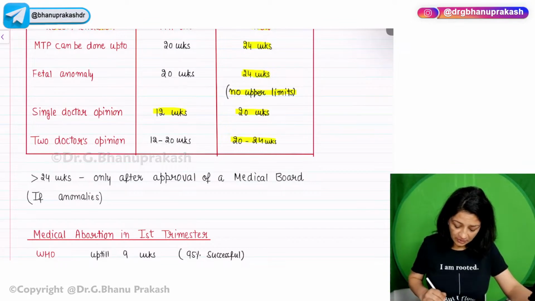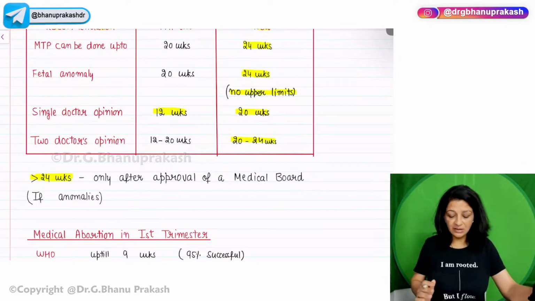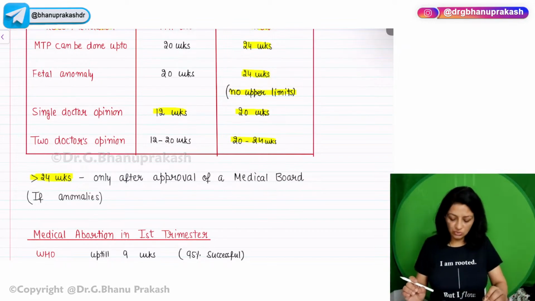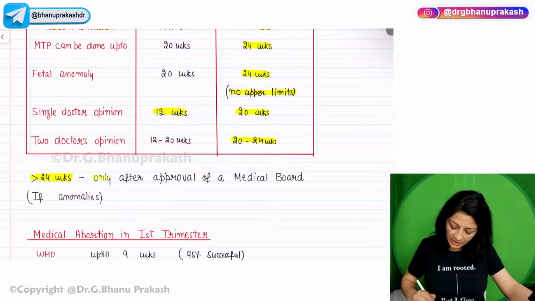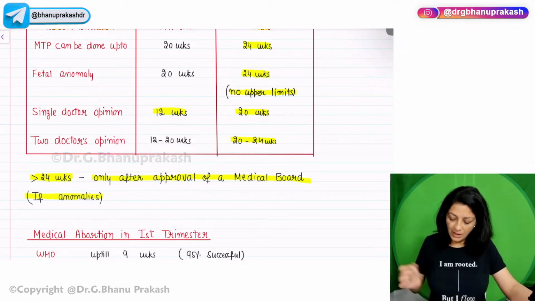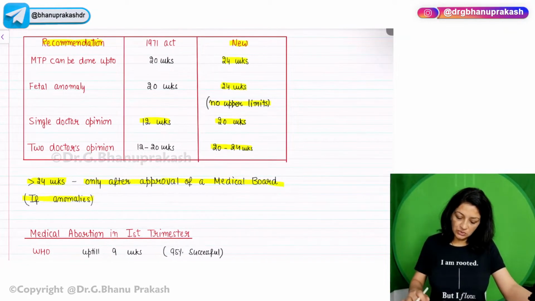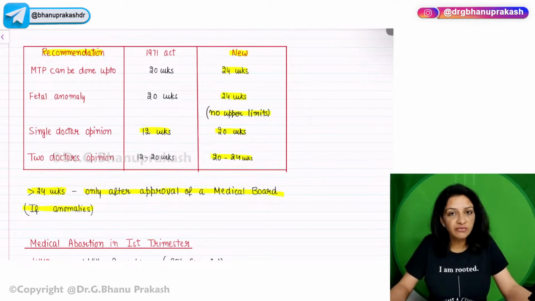And more than 24 weeks, if a fetus has anomalies and you need to do MTP after 24 weeks, then only after approval of a medical board. You will have to take approval from the medical board. Okay, so these are the recommendations of MTP.